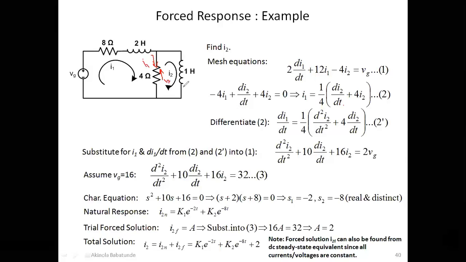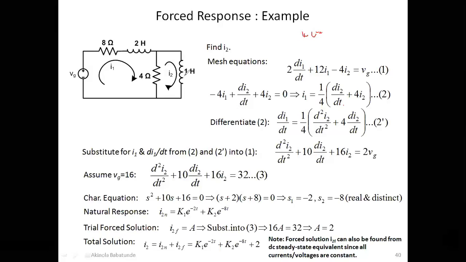Now, for the second loop, what happens? How do we get our equation for the second loop? You do know that the voltage across the 4 ohms will be 4 into bracket I2 minus I1. You know that already. Because I2 is going up and I1 is coming down, with respect to the second mesh, it's going to be I2 minus I1.